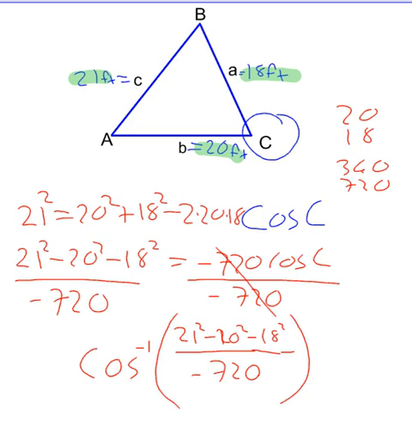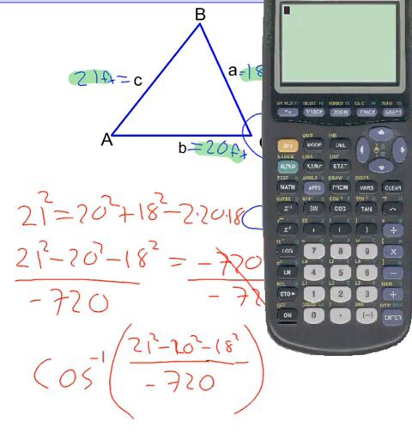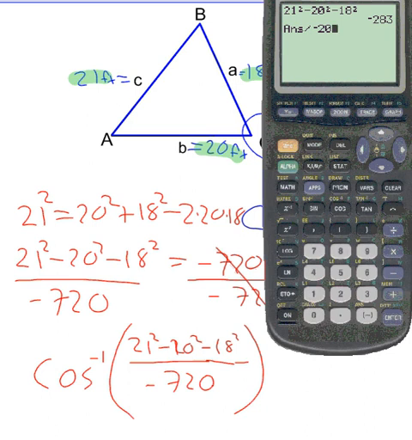Okay, here we go. I'm going to divide by negative 720. Didn't get my 720. Okay. And take the inverse cosine of that, second cosine of the answer.